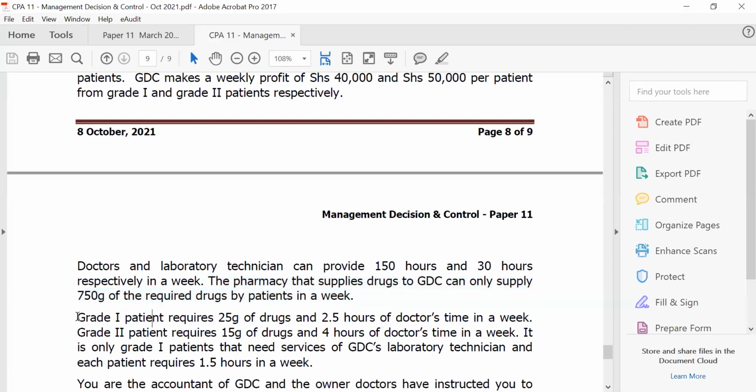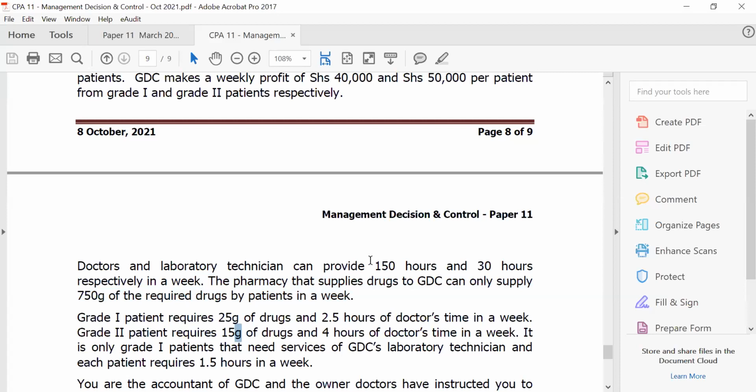And then they are telling us that our grade 1 patients require 25 grams of drugs and 2.5 hours of doctor's time in a week. Grade 2 requires 15 grams of drugs and 4 hours of doctor's time in a week.